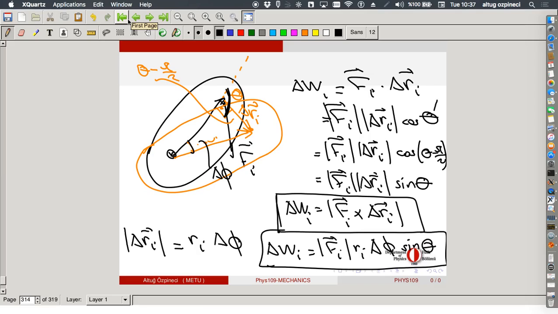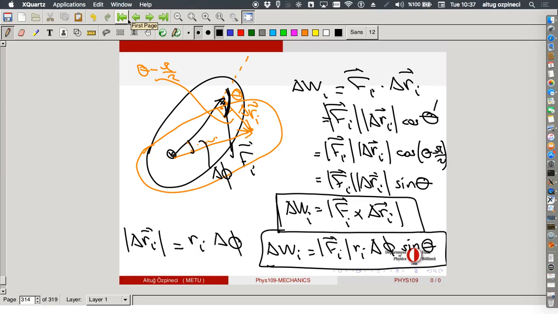I'm not assuming it's making a linear displacement. The only thing I'm saying is the work done by a constant force is always equal to the force times the displacement vector. By the displacement vector, what I mean is the final point minus the initial point. I don't care what kind of motion it does.